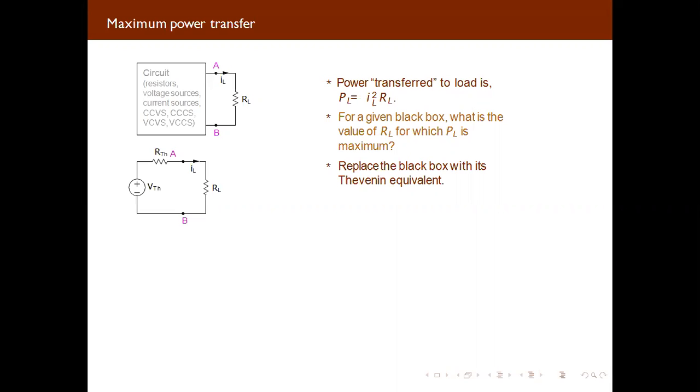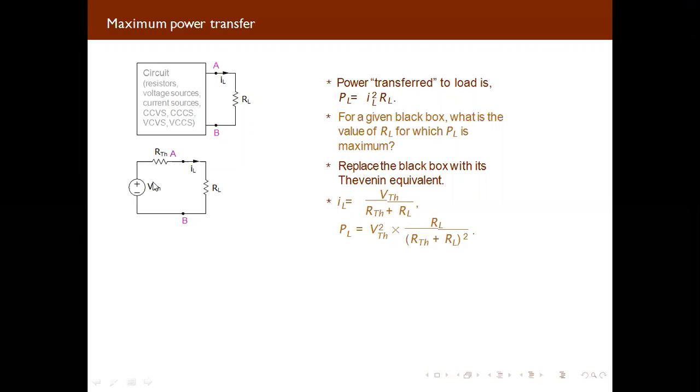So here we can convert our circuit into a Thevenin circuit. So you will get the value of RTH. You can compare that value with RL. If both are the same, you can say maximum power will transfer to the load. And how will you get the equation for power? We know power is equal to V into I. But we know I, according to Ohm's law, is total voltage VTH upon total resistance RTH plus RL.